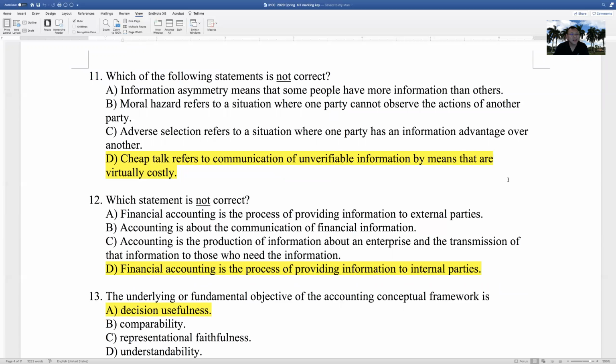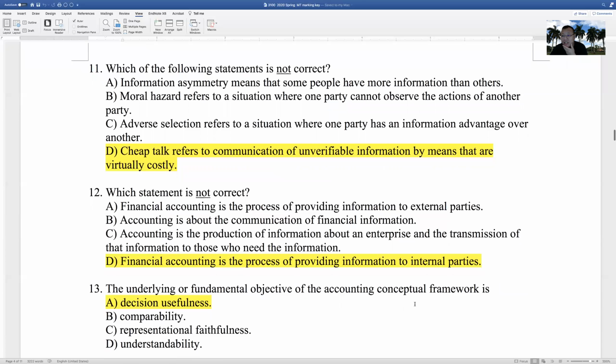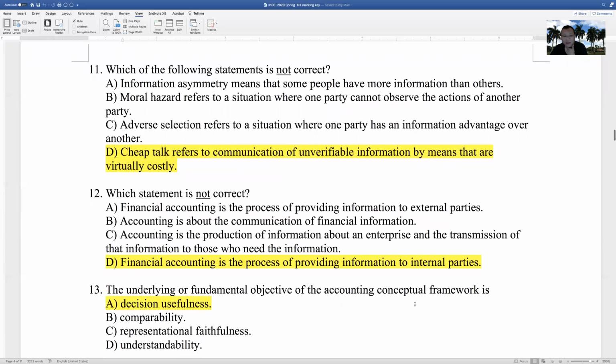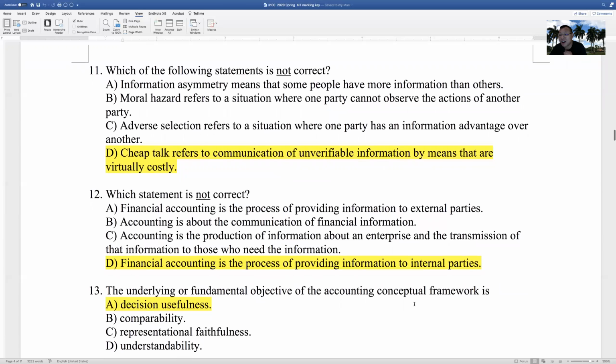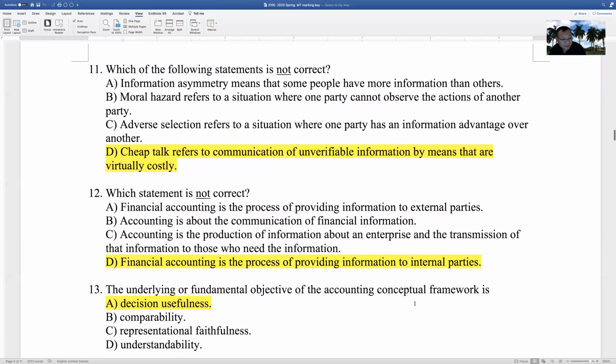D, cheap talk. The reason why it's cheap is because it's costless. It's not costly. That's why it's called cheap talk. So the wrong answer is D, and D should be selected because it's wrong. Cheap talk doesn't cost you anything.